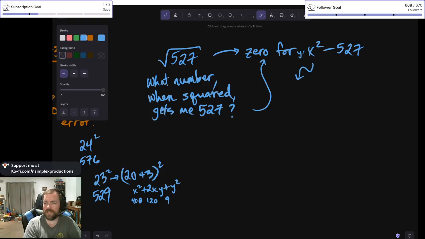So in doing this, x sub 1 is going to be x sub 0, which is again 23, minus, if we plug 23 into this, we get 529 minus 527, which is 2, divided by the derivative of this, which is going to be 2x again.